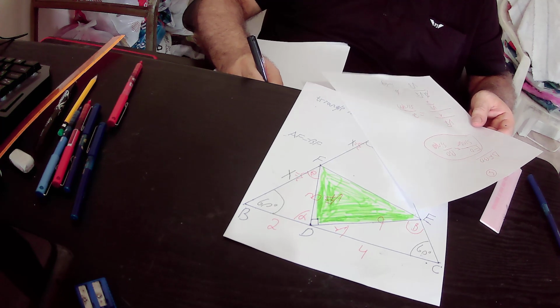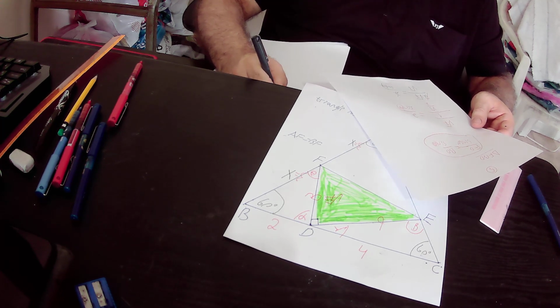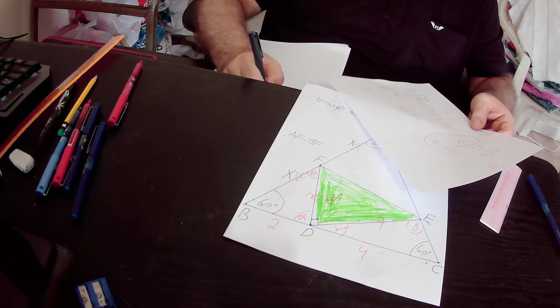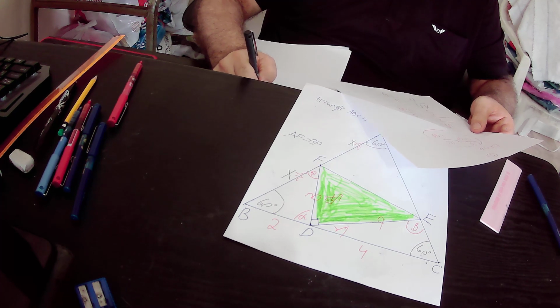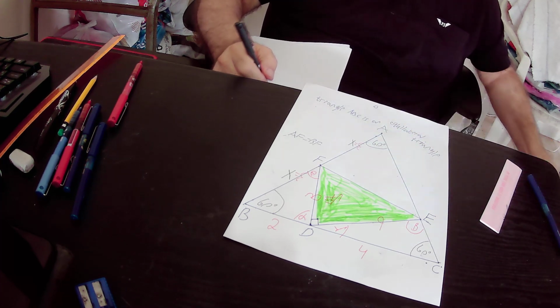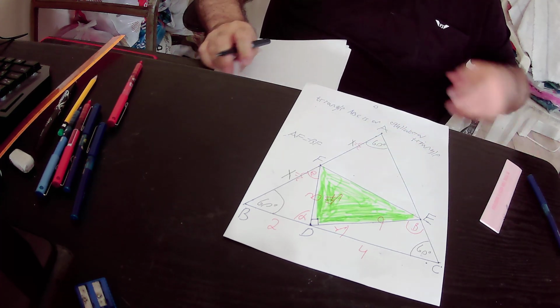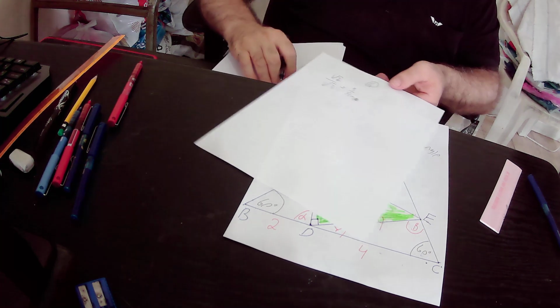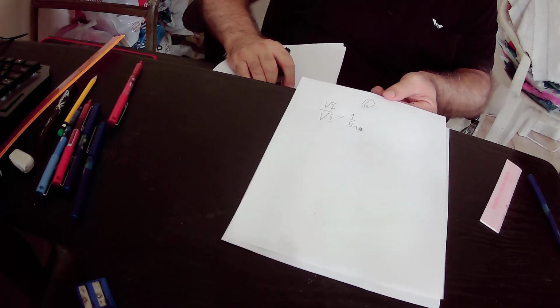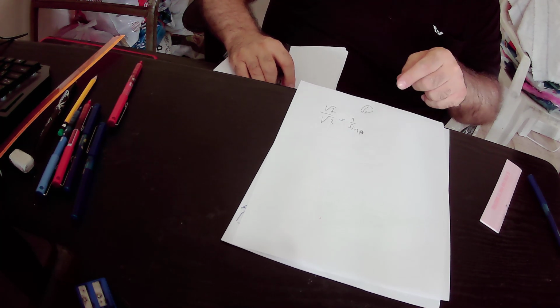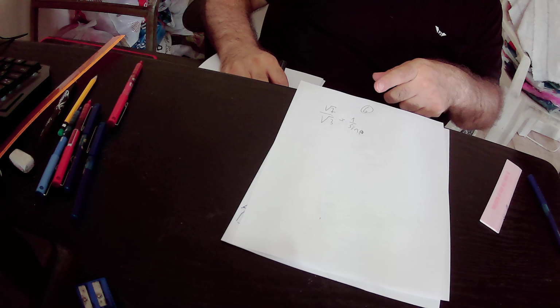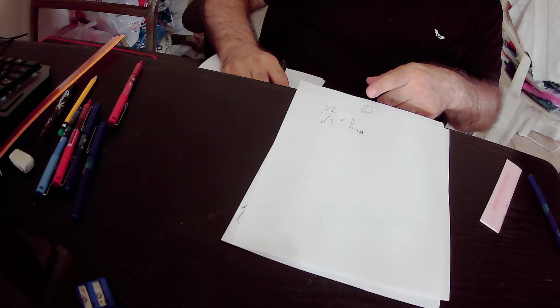What is left after we cancel 2 is root 7 over root 3 equals 1 over sine theta. Here we will multiply the equality by sine theta.